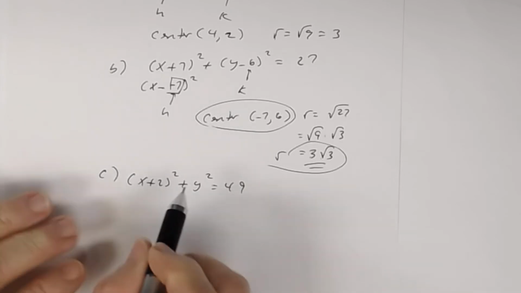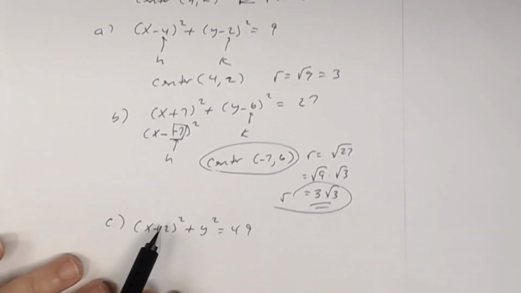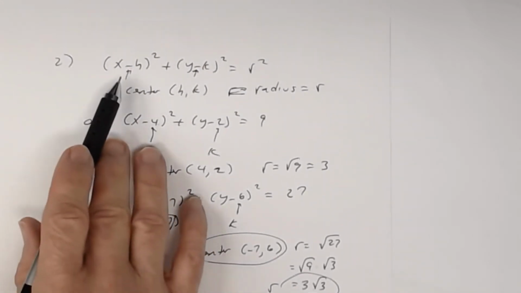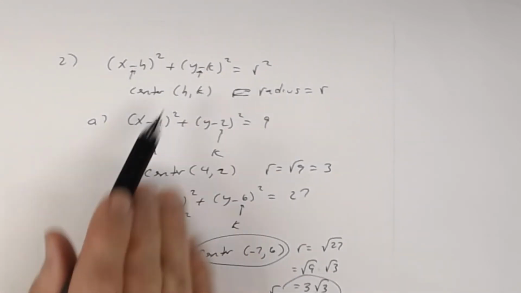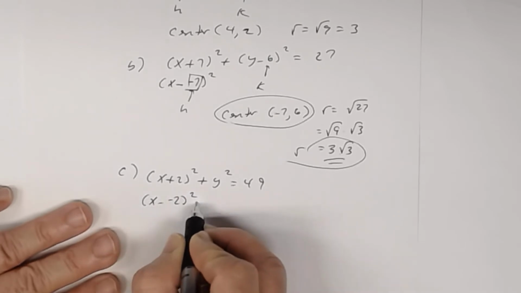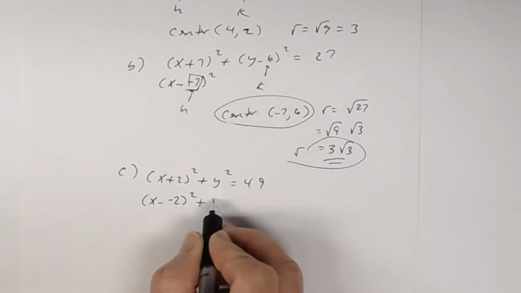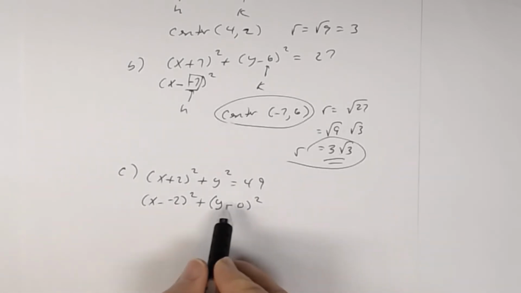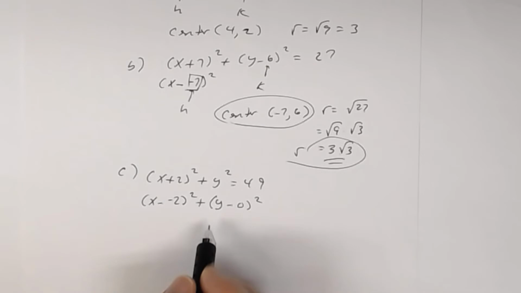So it's always a good idea when finding the center and radius, when the equation's given, to think x minus, y minus. So this becomes x minus a negative 2 squared plus, now watch the y squared, y minus 0 squared. You saw that? Y minus 0 squared is y squared, equal 49.